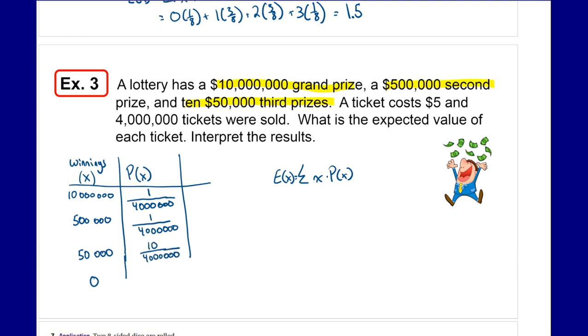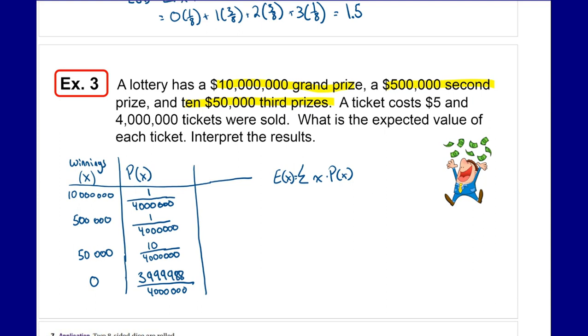And then lastly, to win 0 or win nothing, well, there's 4 million tickets minus the 1 grand prize, minus the 1 second prize, minus the 10 third prizes, which leaves us with 3,999,988 out of 4 million. So that's the probability of each outcome.